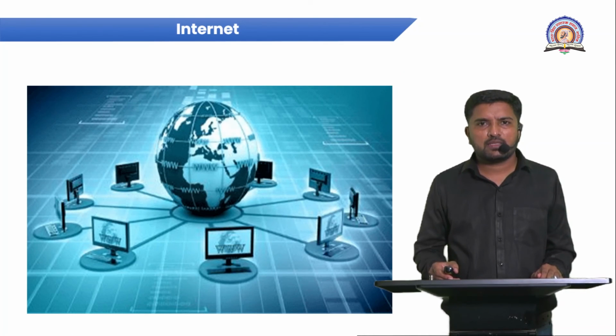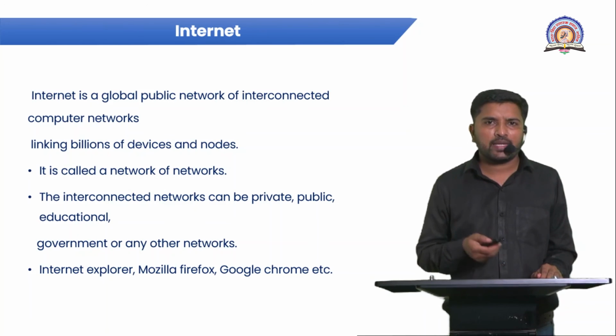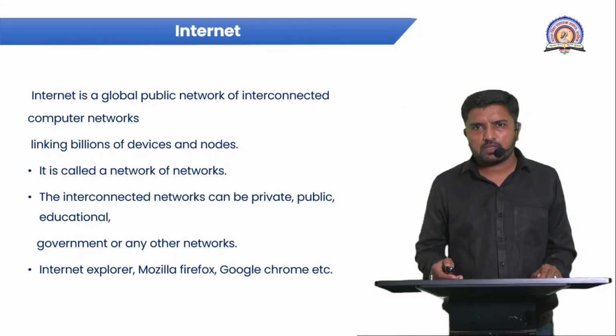The next part of our session is the internet. Today, all of us use the internet, and the internet is the world wide web, meaning from any part of the world, wherever you have a network, you can access the internet easily. The internet is a network of networks, or we can say an interconnected computer network.